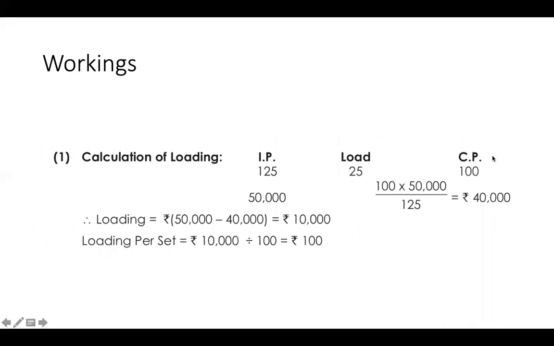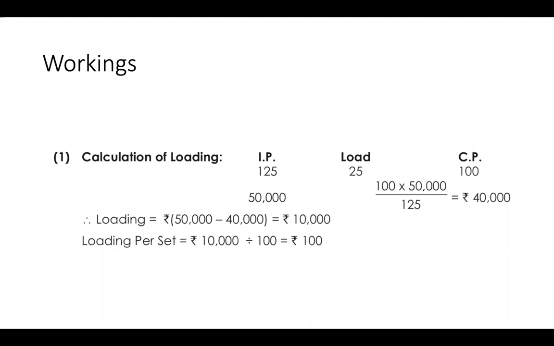Let's assume the cost price is 100%. Cost plus 25 is invoice price. That is 125. The invoice price minus cost price gives you profit loaded, which is 25%. Clear?